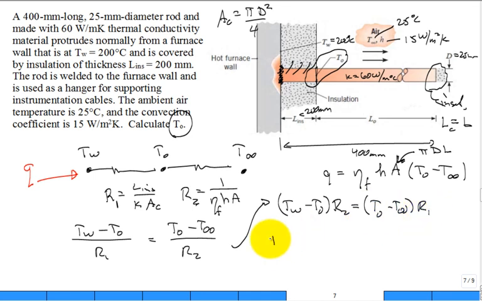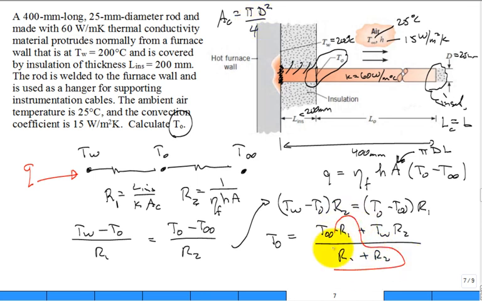So we're going to get that T naught is equal to T infinity times R1 plus TW times R2 divided by R1 plus R2. You've seen this so many times. If I look at R1 divided by R1 plus R2, it gives me a fraction, maybe 30%.